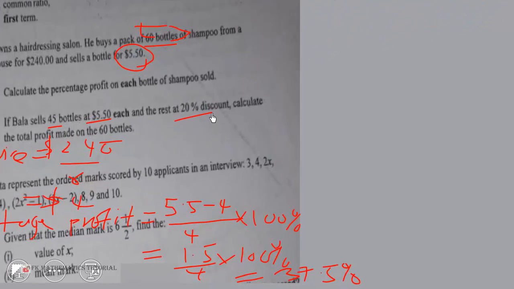We are supposed to calculate the total profit made on the 60 bottles. So the 60 bottles, you bought them for $240. So the total profit will be equal to total sales minus cost price.